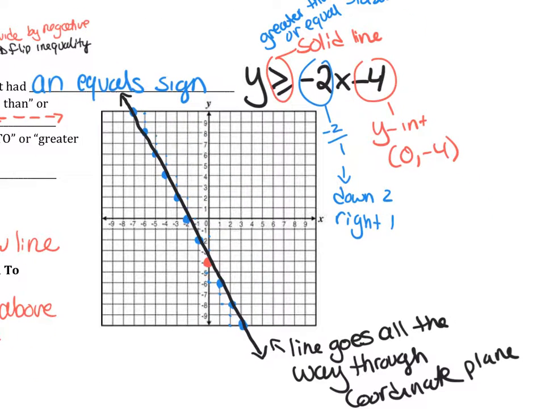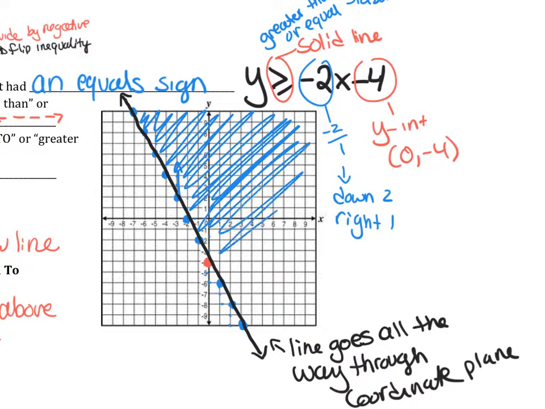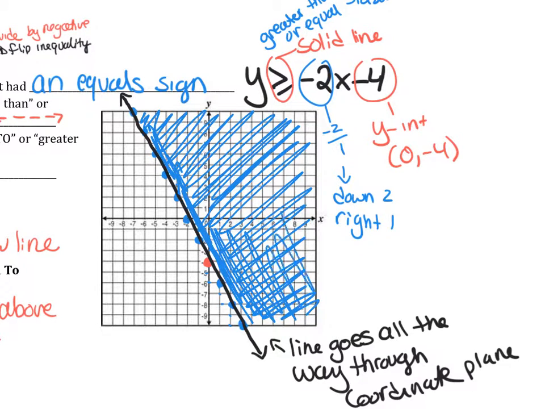So you just take your line and above it, you shade this whole area above the line. This is why it's important to have your line go all the way through, so you know how far to do your shading. So make sure that your shading goes right up to your line, but not past it.